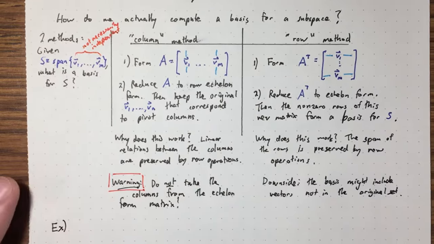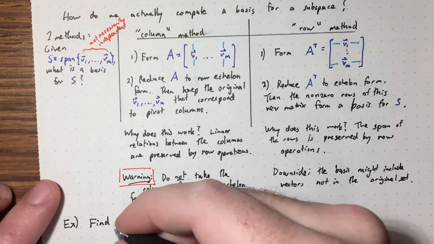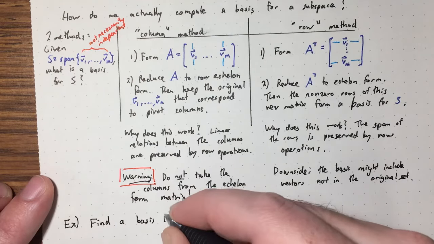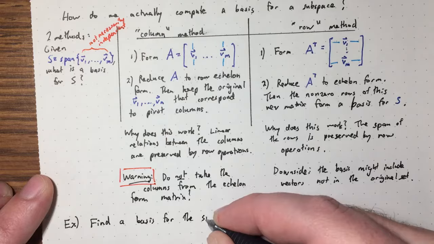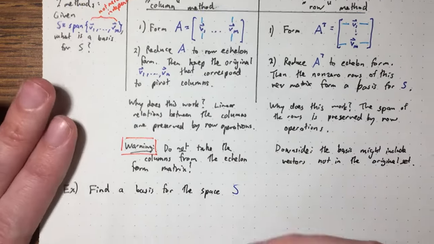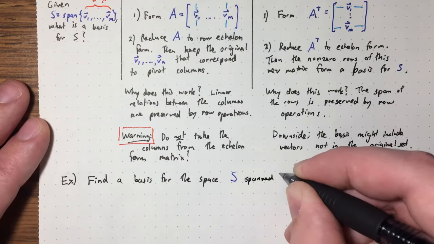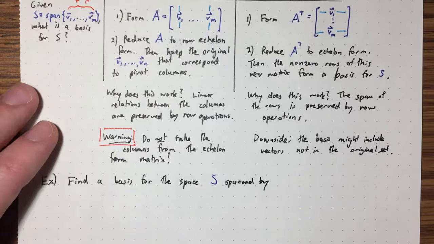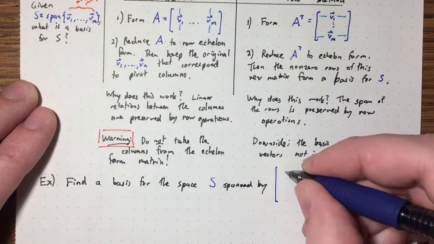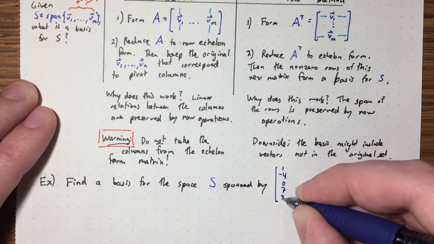Let's do a pretty big example, actually. So we'll do 4 vectors in R5. Find a basis for the space S, some subspace of R5, spanned by the following vectors.